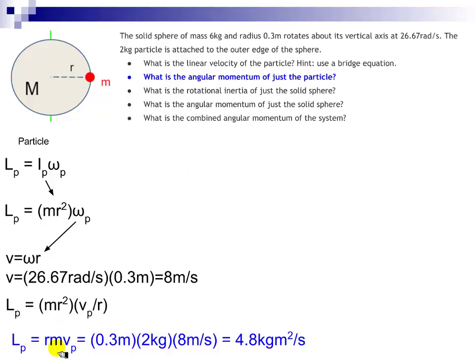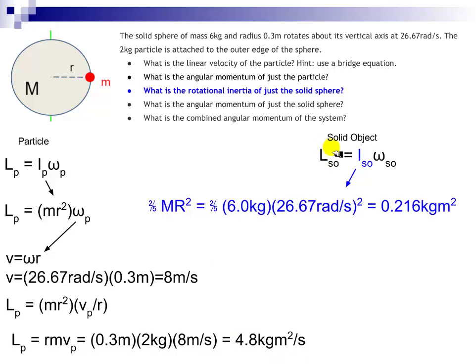You have to know where this equation comes from because it's not on your equation sheet. That's the 0.3 of the radius, 2 kilograms, that's the mass of the particle, and 8 meters per second is the linear velocity that we got from the bridge equation. And we get 4.8 kilogram meters squared per second. Those are the units for angular momentum.